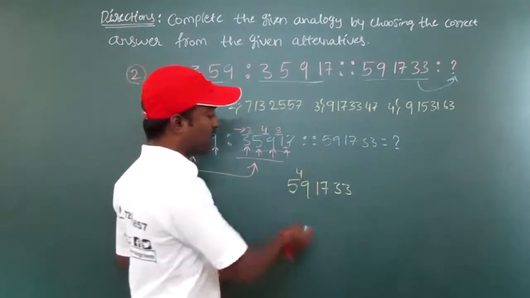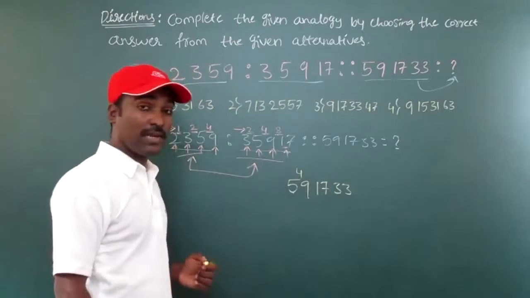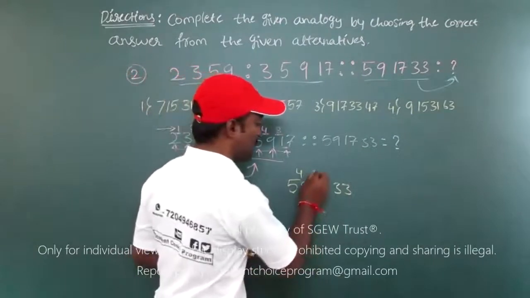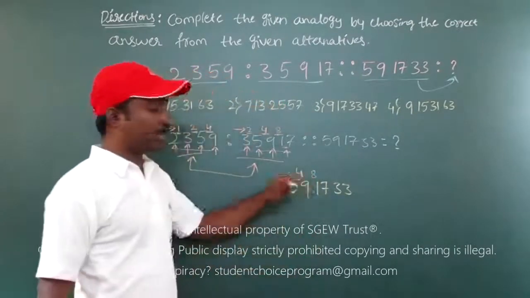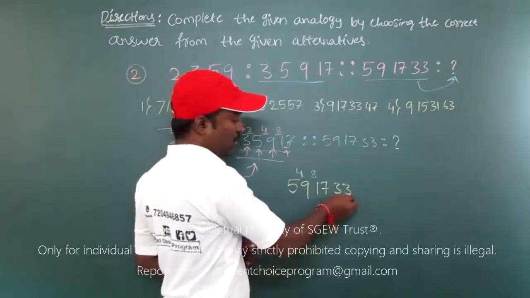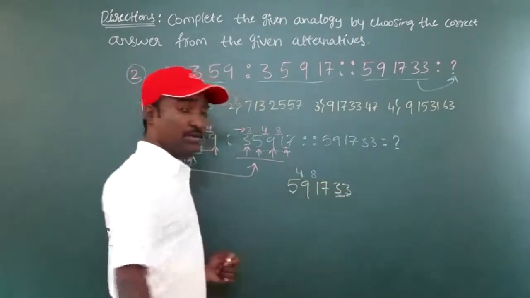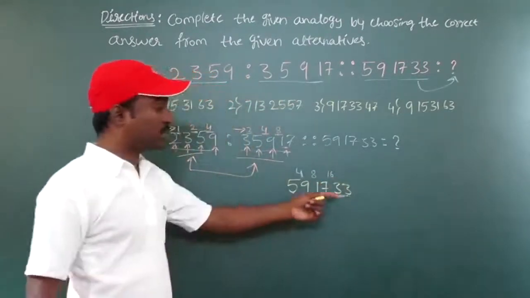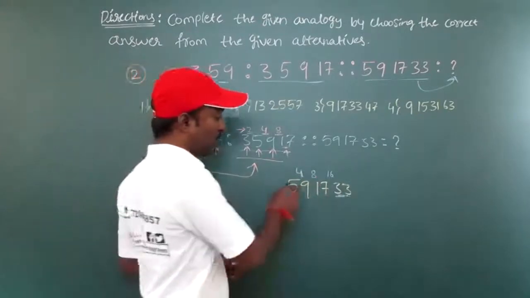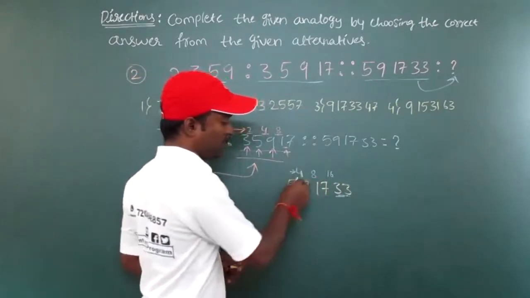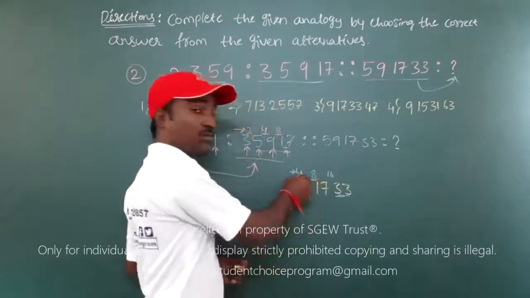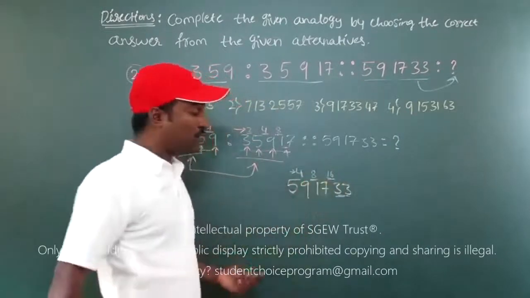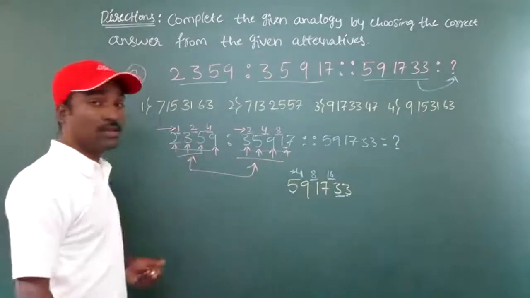The difference between 17 and 9 is 8. Now, moving to the third, the difference between 33 and 17 is 16. So the first difference is 4, the next difference is double of this 4, and the further next difference is double of this 8, which is 16. Using that, I can find the missing number.